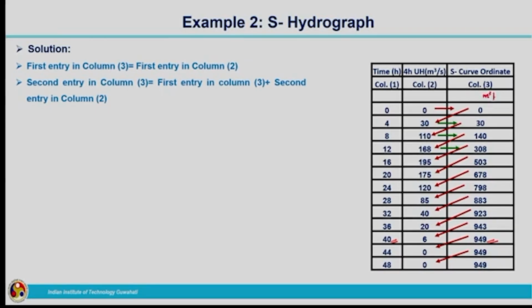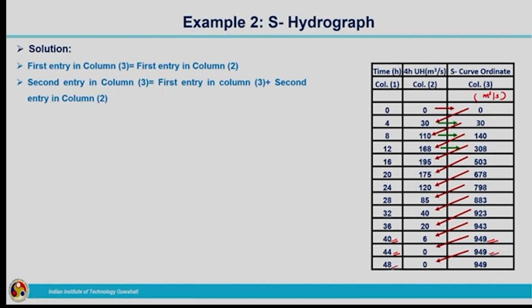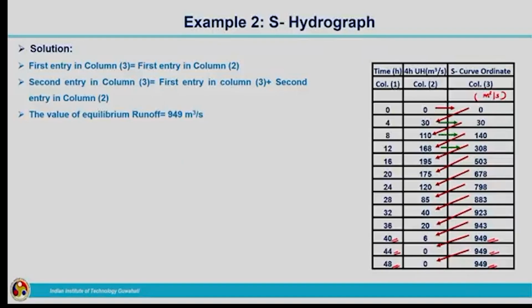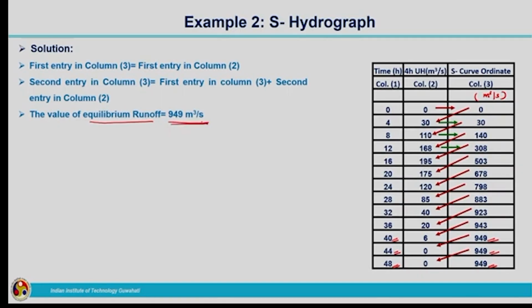And corresponding to 44th hour also, it is 949. And 48th hour, again the same value. So, you can understand that as time is increasing, there is no change taking place in the ordinate of the S hydrograph. That is representing the equilibrium discharge. Here in this example, the value of equilibrium runoff is 949 meter cube per second.